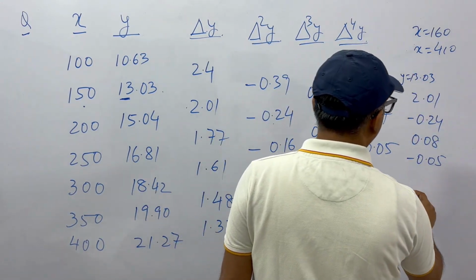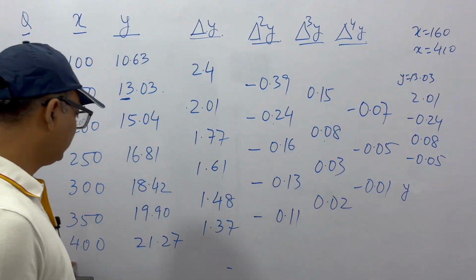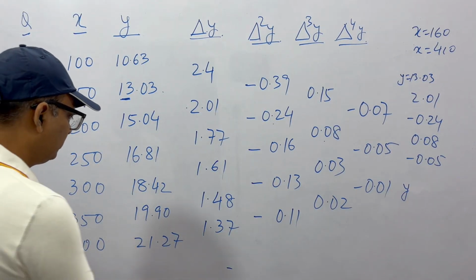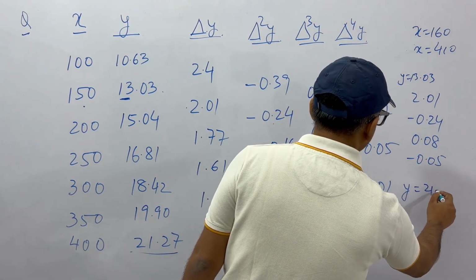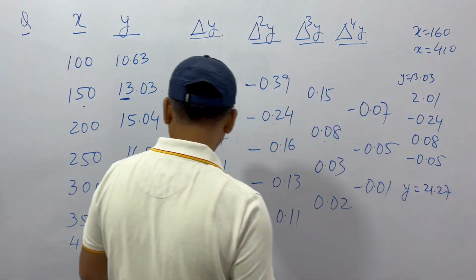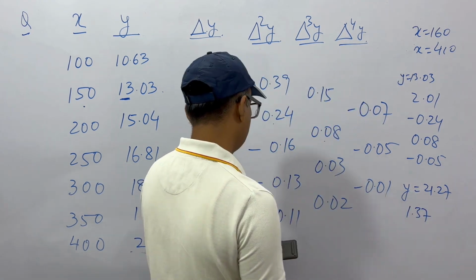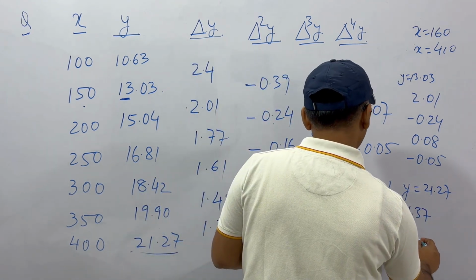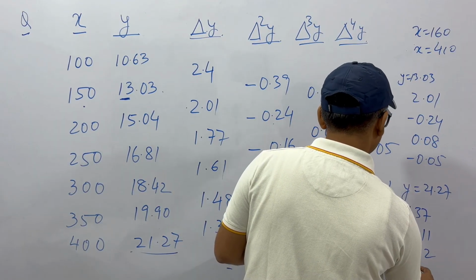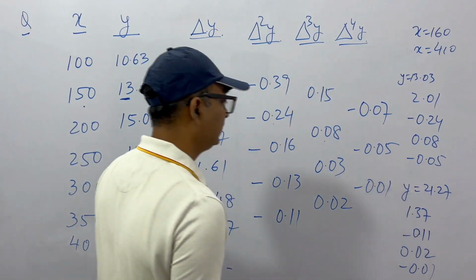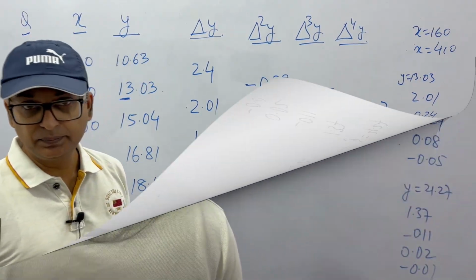And for x equal to 410, we'll use yn as 21.27. So we'll have 1.37 as the first difference, the second difference will be minus 0.11, then 0.02 and finally minus 0.01. This is what we will require, so that I can rub this board.